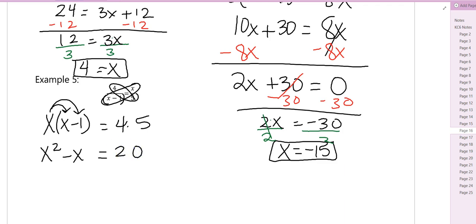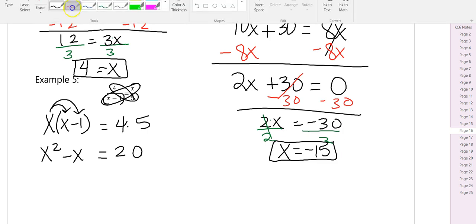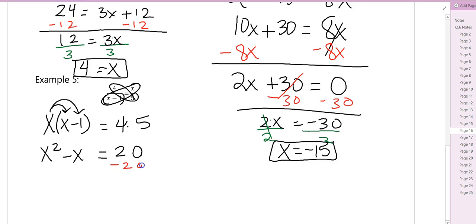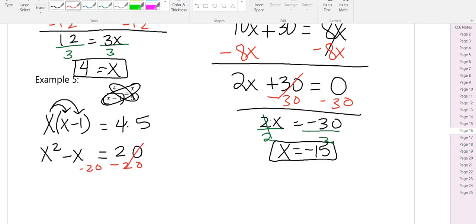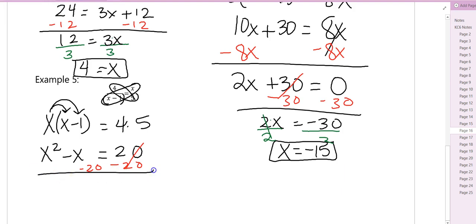So now here, the way that I'm going to get my x's, when I have an x squared, is we have to factor. Remember going back to finding our x-intercepts? That means I'm going to have to bring my 20 over to the left. And this is going to equal now x squared minus x minus 20 equals 0. So what I'm going to do is some Punnett square work.